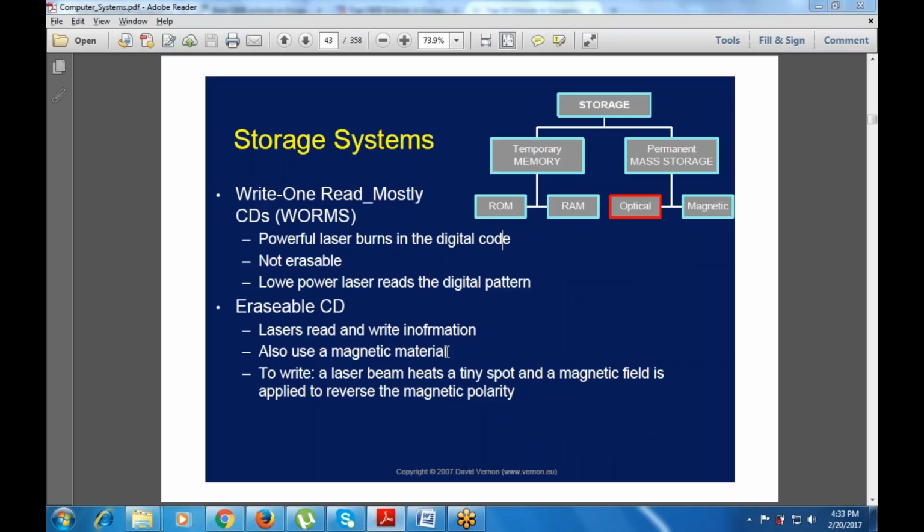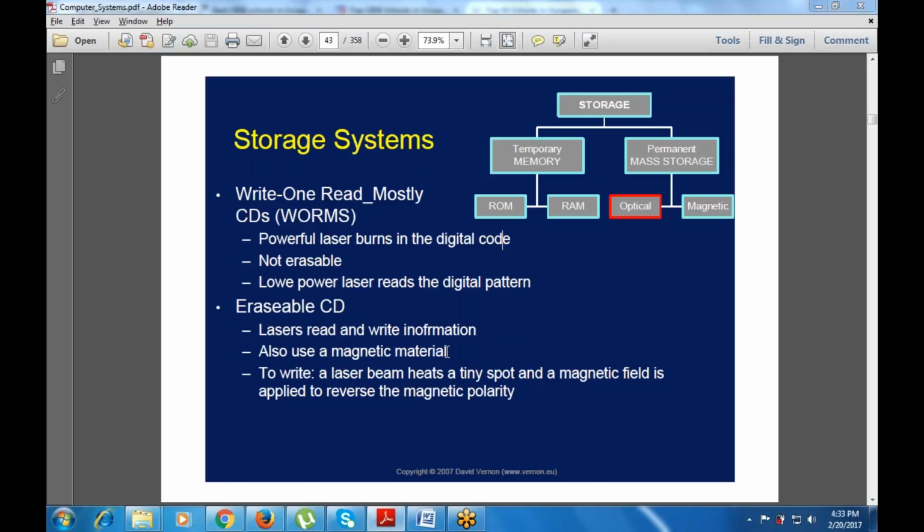Okay, so let's move to the next one, that is the WORM series, that is write once, read many times. A powerful laser burns holes in the digital code that is not erasable. And the lower power laser beam reads the digital pattern.